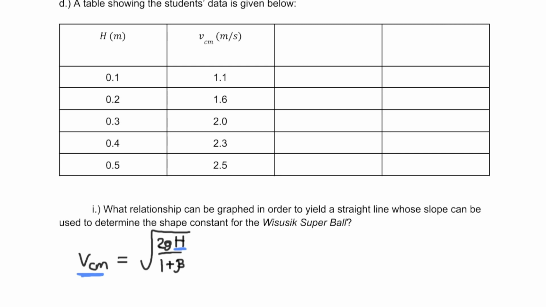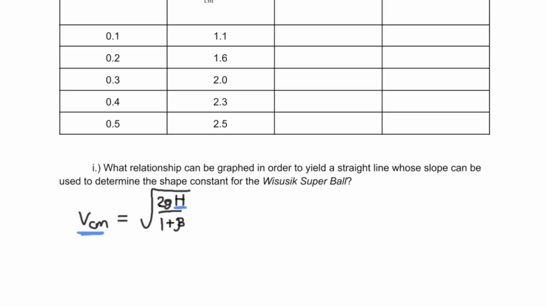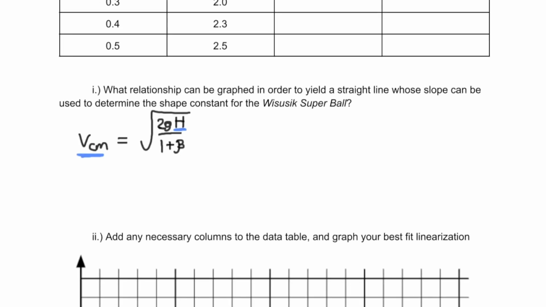We could just graph v versus square root h right now and be done with it, but again, square roots are kind of not nice to deal with, so we just like to square both sides. And we can write this as v squared is equal to 2g divided by 1 plus beta times h. And I made my variables blue, so I can tell that this is going to be a y equals mx plus b situation.